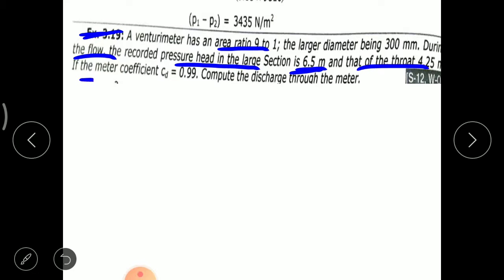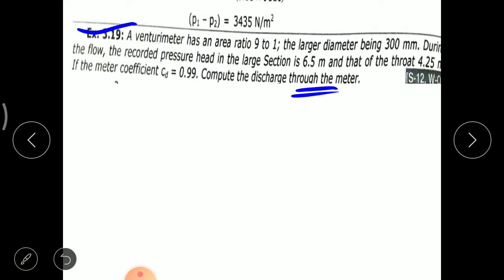If the meter coefficient CD is 0.99, compute the discharge through the venturi meter.